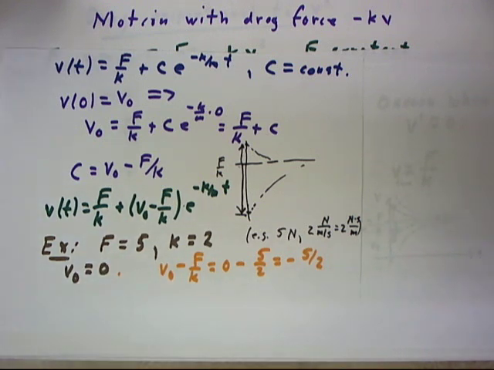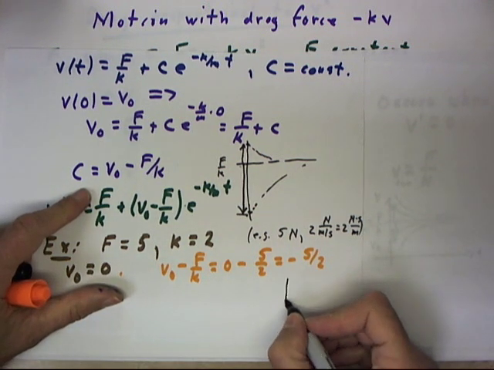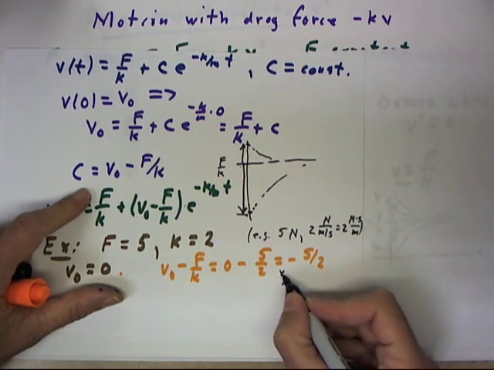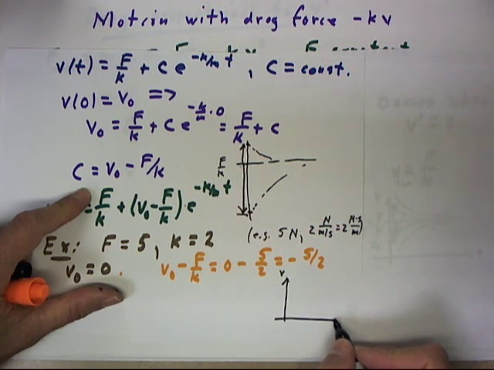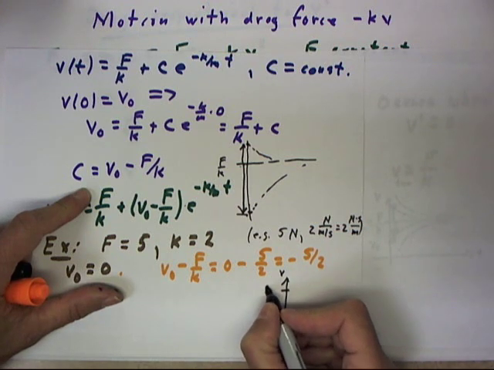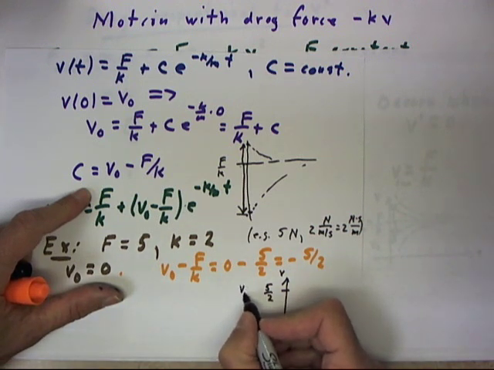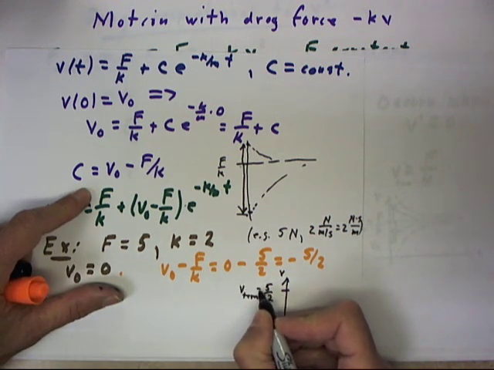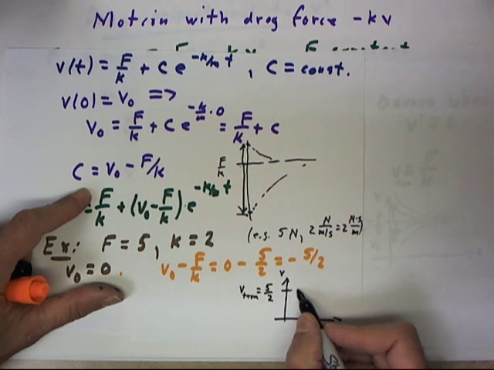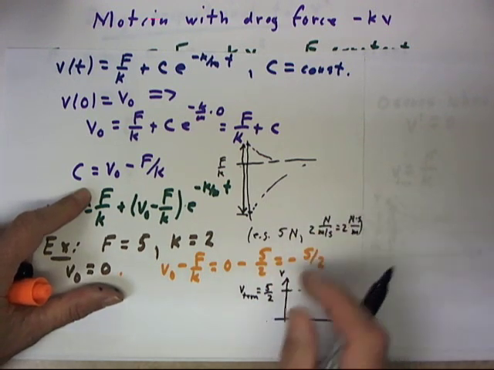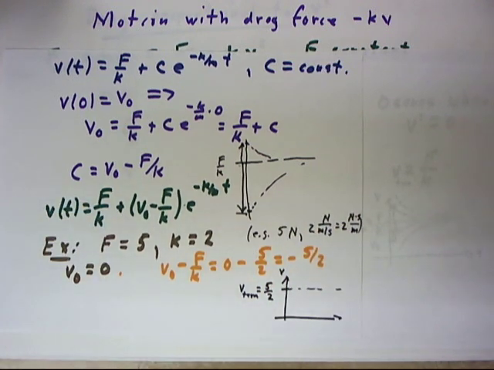So we expect from this case a solution where v approaches a terminal velocity of 5 halves. If the units are, as we say here, that would be 5 halves meter per second.